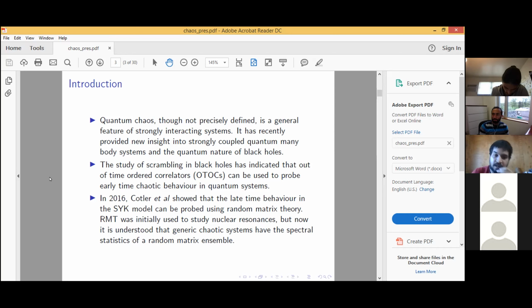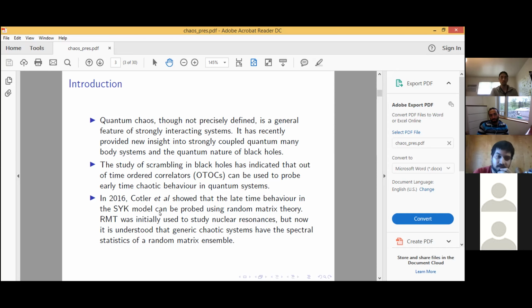In the study of black hole physics, in particular, the study of processes like scrambling and thermalization, it has been found that certain objects known as out-of-time ordered correlators, or OTOCs, can be used to probe the early time physics of chaotic quantum systems. And in 2016, a paper by Kotler and his collaborators showed that the late time physics of the SYK model can be captured using random matrix theory.